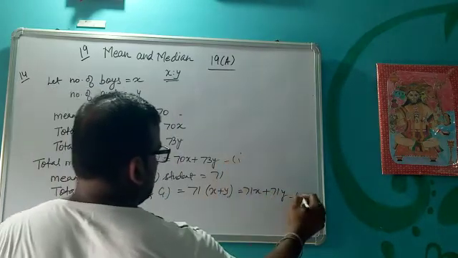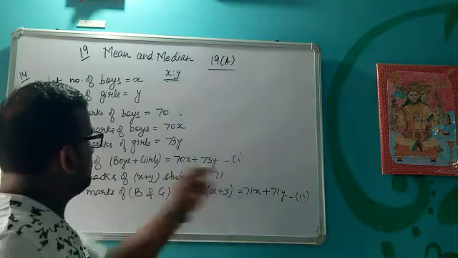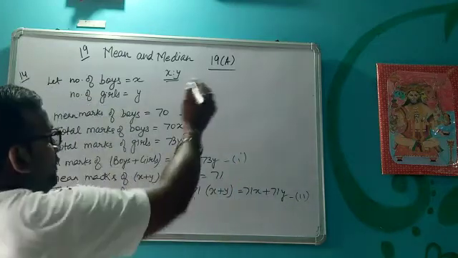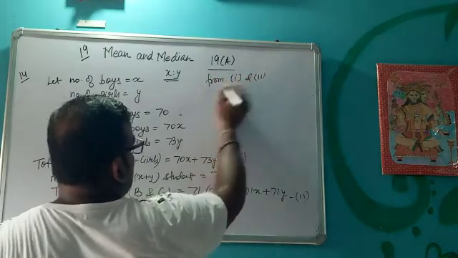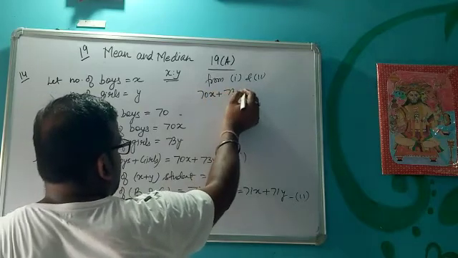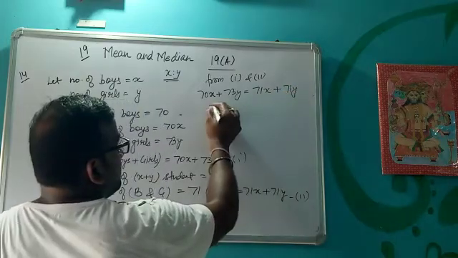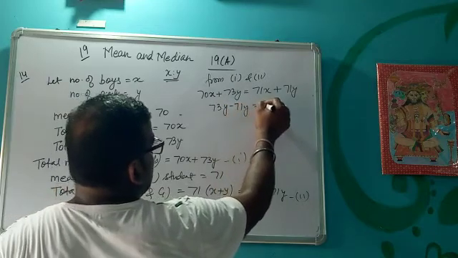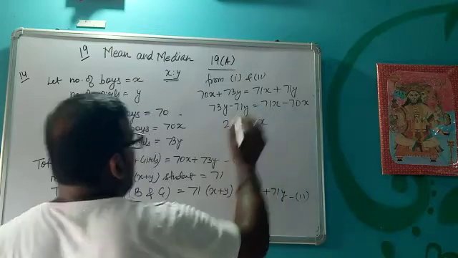So this is first, this is second, and since the students are the same, these total marks will remain the same. So we can say that from 1 and 2, 70x plus 73y is equal to 71x plus 71y. Then 73y minus 71y is 71x minus 70x. So we will get 2y equal to x.